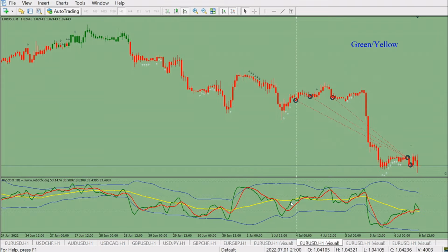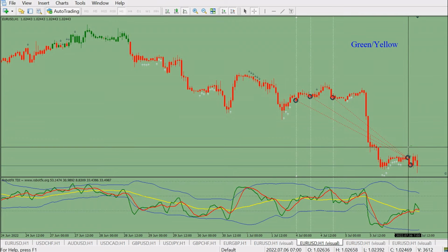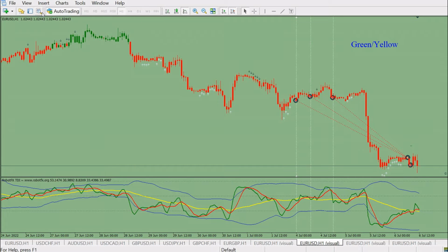Trading with the trend, the green must drop under the yellow line from up to down, obviously, to open a sell trade, and vice versa for buys. So that happened here. That happened here again. It dropped a little under the yellow. It happened again here, and all these trades were closed in this area, and I had the same settings applied.